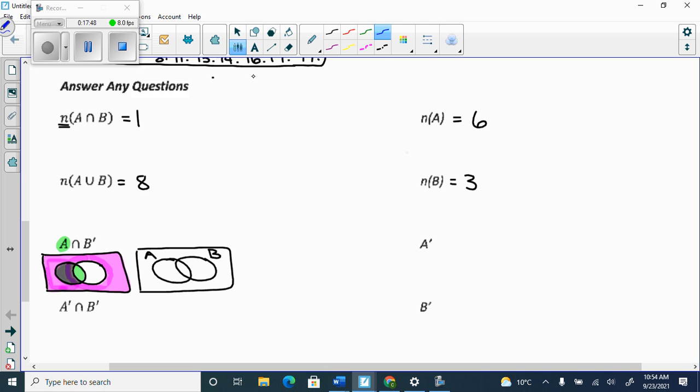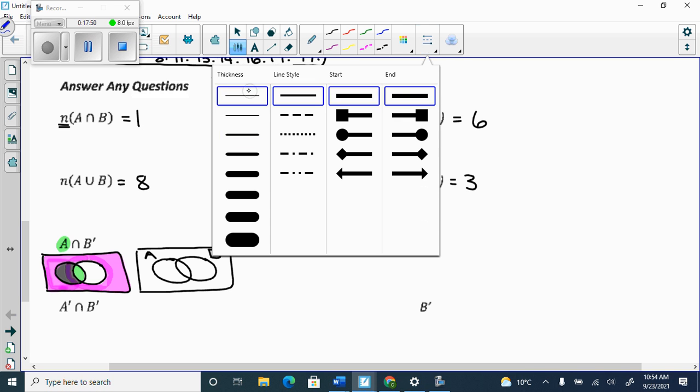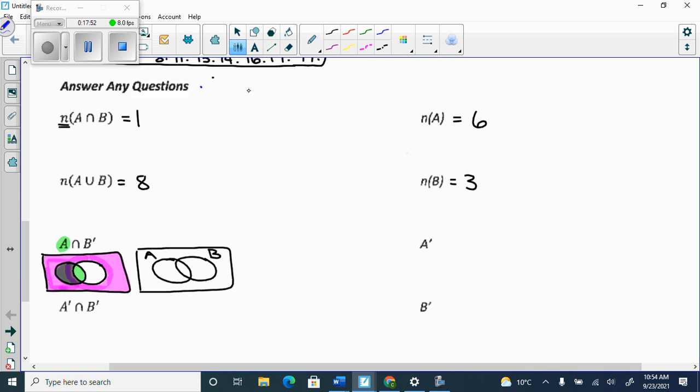I shaded in green, and I shaded in purple. It's black, but okay. It's right here. So that's actually A and not B.